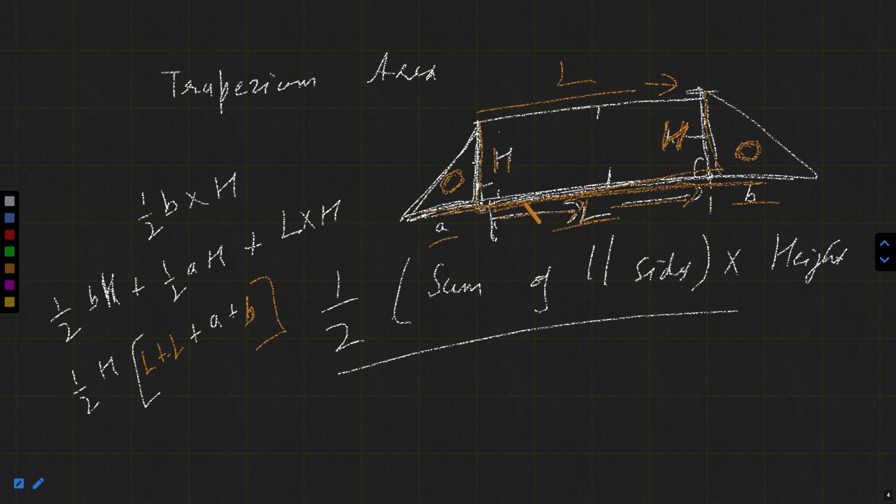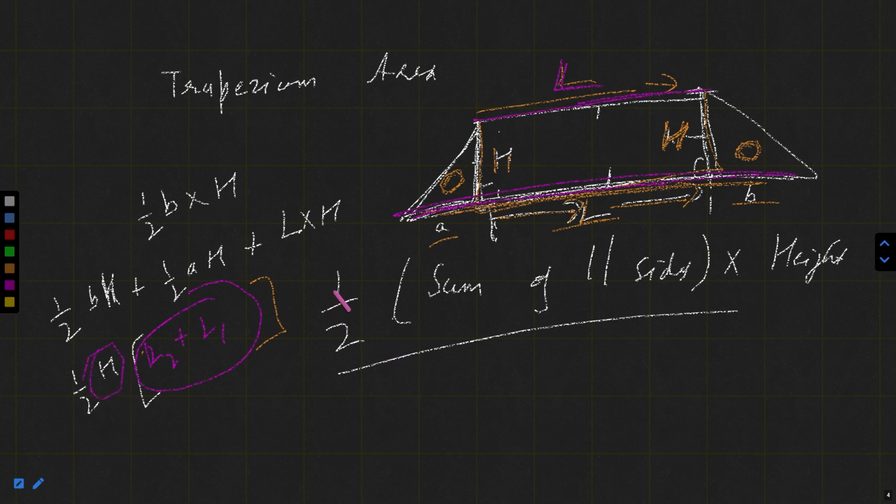I am calling this whole parallel side L1, and this other side, also of length L, L2. So we are adding the sum of the parallel sides, half into height.